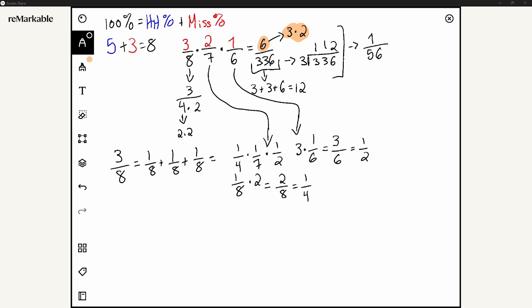So look at the numbers you're given. Try to find those little shortcuts. And also, it makes it easier to keep those values suspended in your head, right? Which is easier to remember? 1/4, 1/7, and 1/2, or 3/8, 2/7, and 1/6? Hopefully you'll all say 1/4, 1/7, and 1/2.